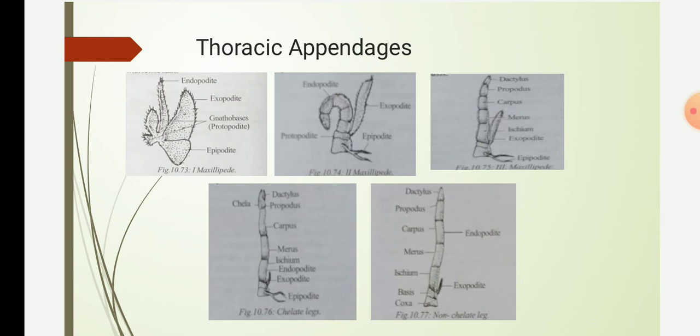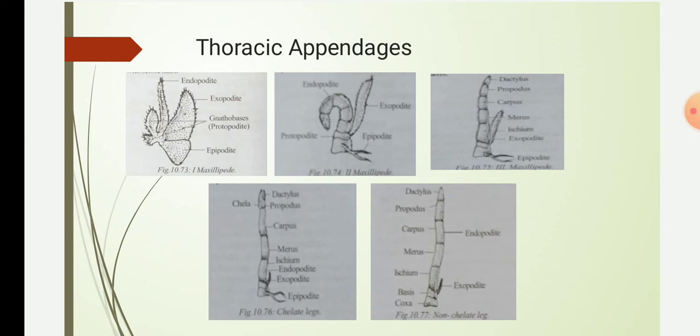The endopodite is made up of 5 segments, named ischium, merus, carpus, propodus and dactylus.